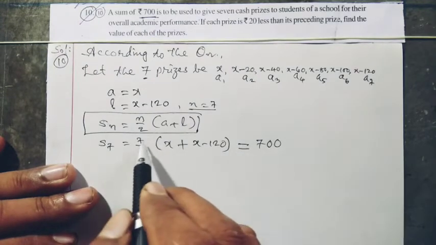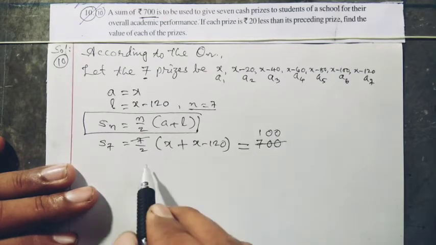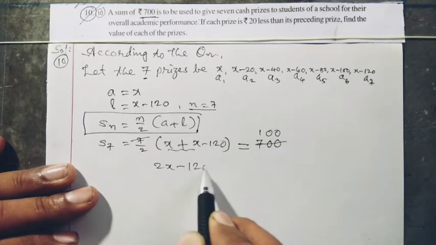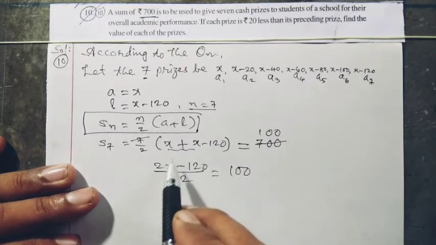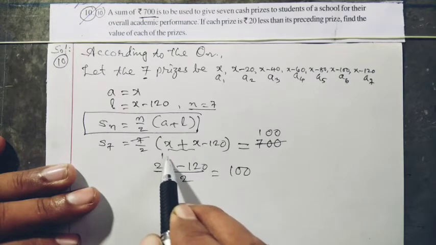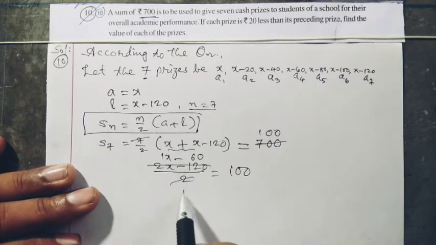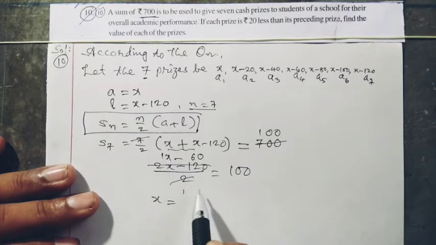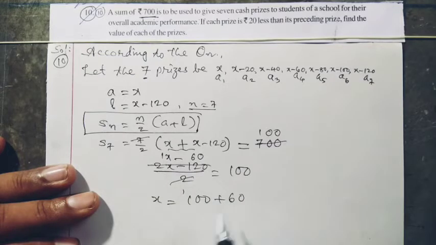So 7 by 2 times (2x minus 120) is equal to 700, so x minus 60 is equal to 100. So x is equal to 100 plus 60, so x is equal to 160.